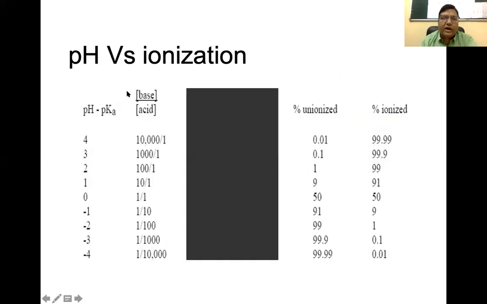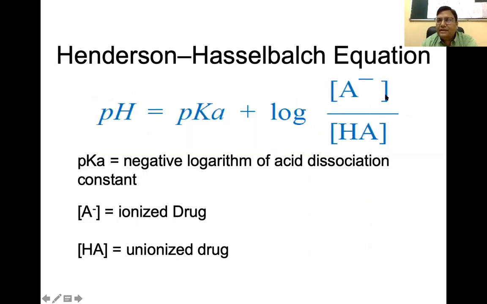So if we see what this pH and ionization has to do, in that same formula, when the pH and the pKa are equal, that means pH minus pKa is 0. So what will be the degree of ionization? The ratio will be 1 is to 1, because log of 1 is 0.